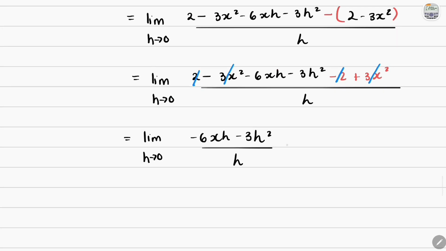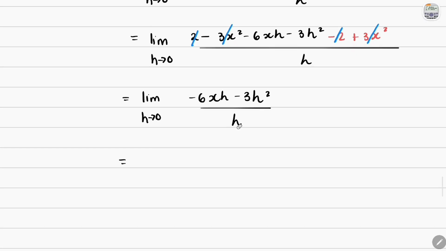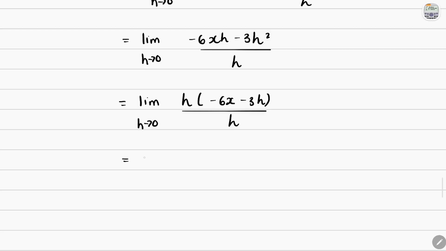And now we can solve the problem that we had, which was that the h is in the denominator. So at this point, we can't just evaluate. And so we're going to take that out as a common factor. So h, and then we have negative 6x minus 3h, and we have all over h. And this is equal to the limit as h approaches 0, and then they cancel.